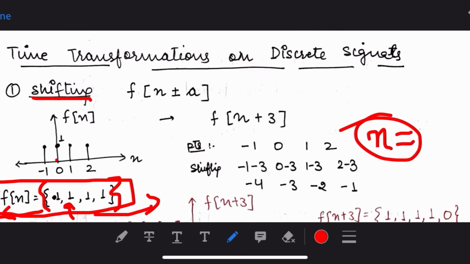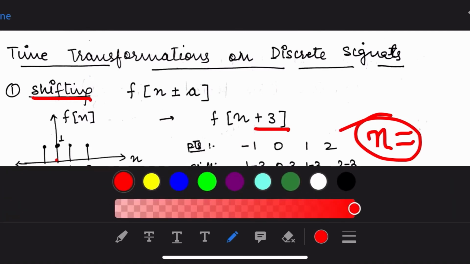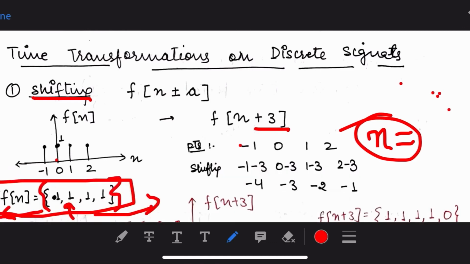Then we are doing shifting by 3, so we subtract 3 from all. And these are your new points: -4, -3, -2, -1. So you can see here your -1 point has been transformed to -4 and the 0 point went to -3.